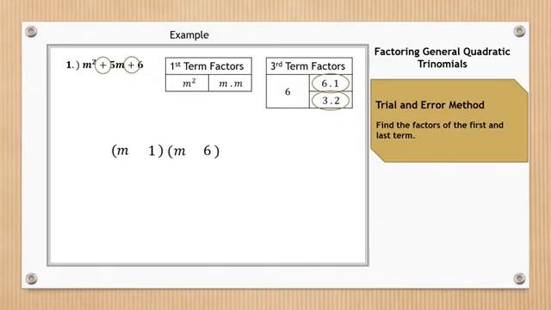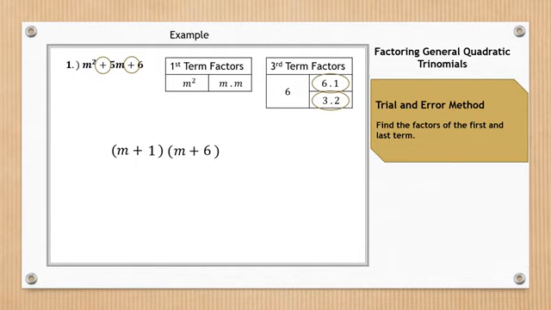Positive din. If that's the case, then all of the sign na meron yan sa factors natin are all positive. Okay? Automatic yan. If the last term sa given is positive, and the sign sa middle term is positive, automatic lahat ng sign sa factors natin, okay, positive lahat.